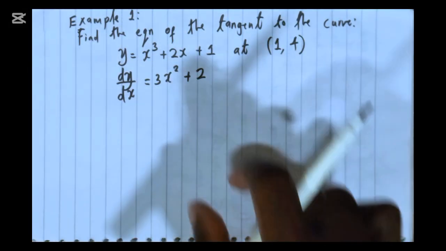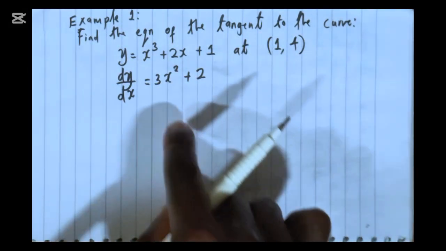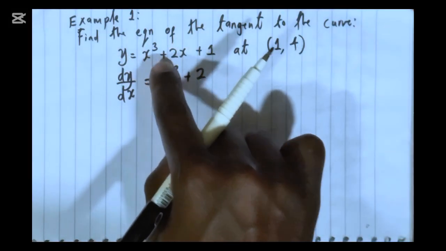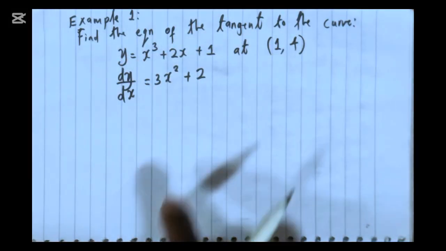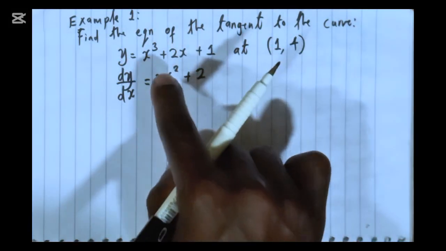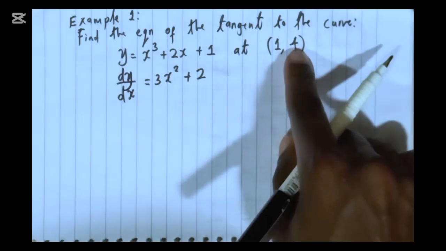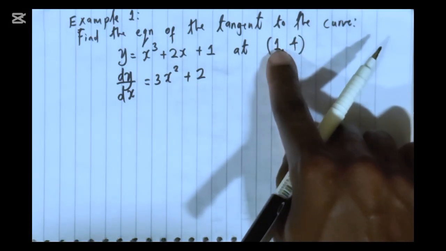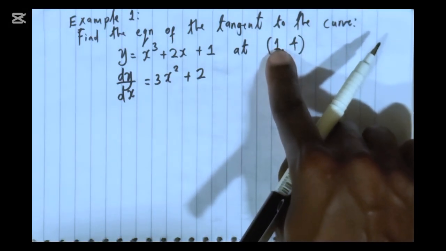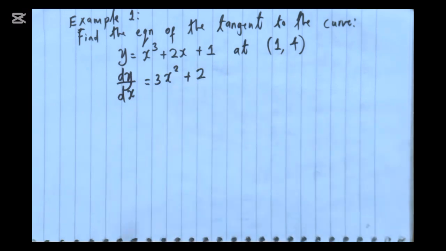All right, so this is our gradient function of the curve y equals x raised to 3, plus 2x plus 1. And so for us to find the gradient at point (1, 4), we are going to substitute the value of x, which is 1, into the gradient function.